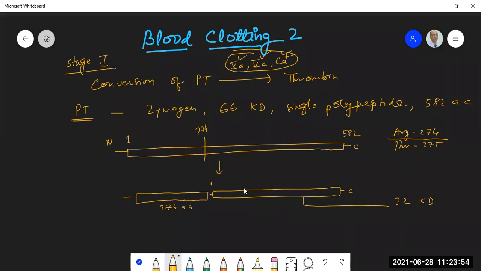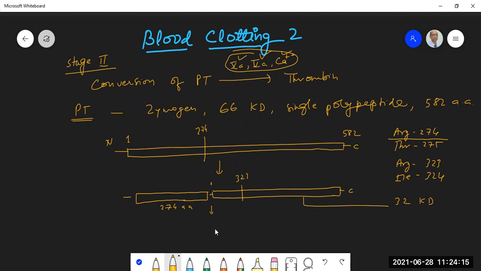Then it undergoes further proteolysis. Bond between arginine 323 and isoleucine 324 is broken. So what do you get?